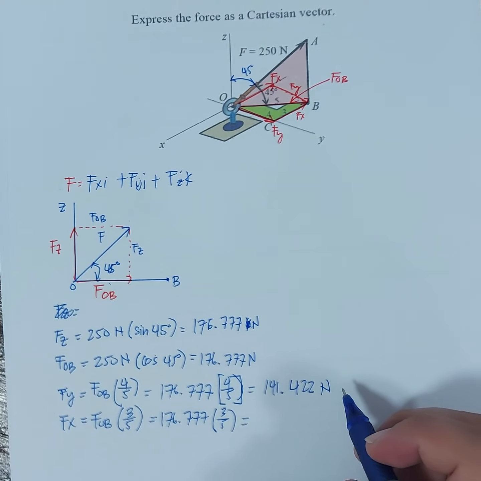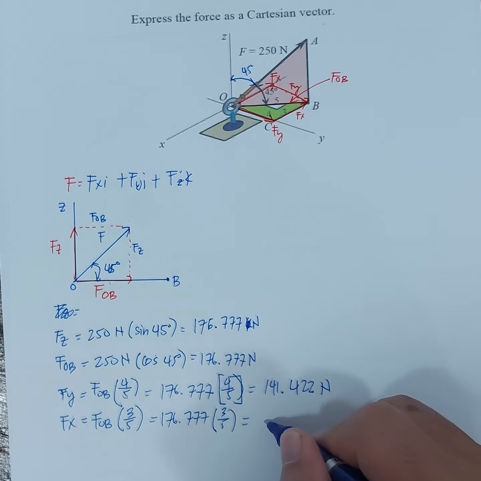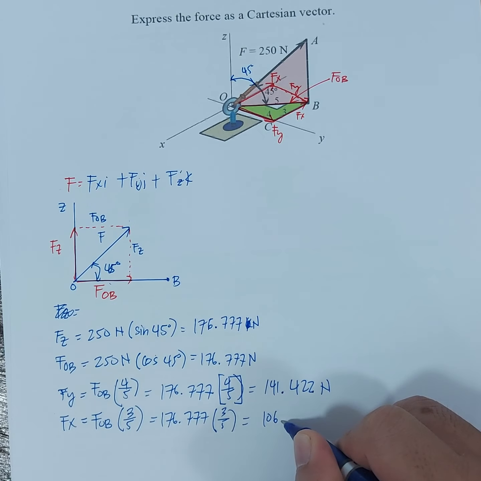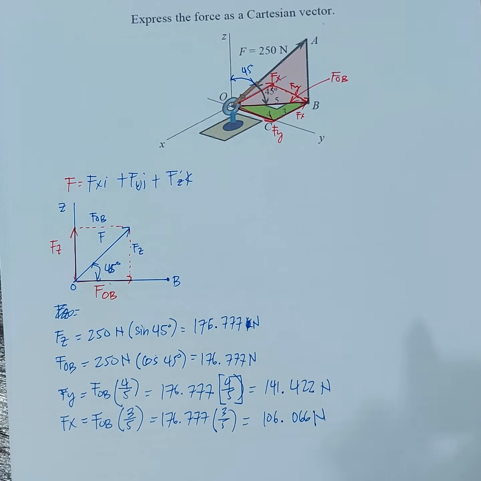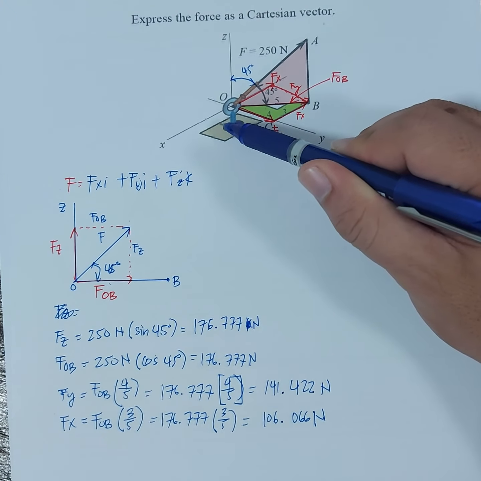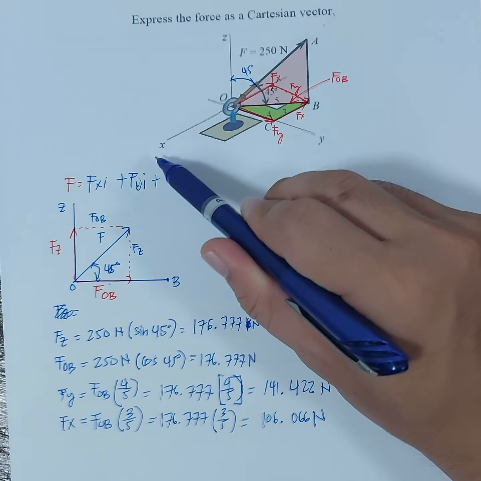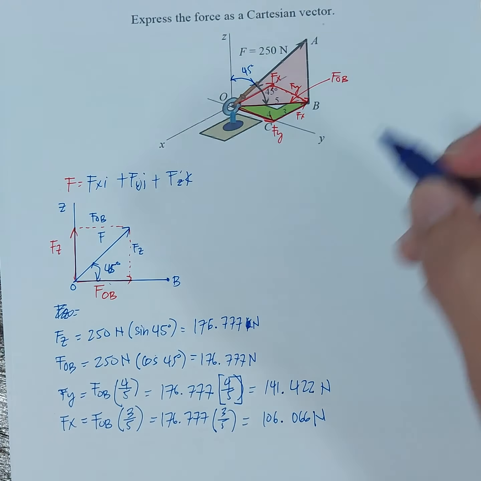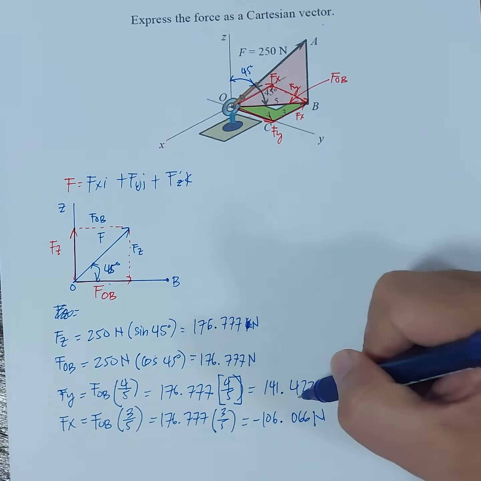That is 106.066 newtons. So, remember, again, Fx is directed parang sa likod siya. Ito yung positive x, so negative ito. Okay? So that's it. So meron tayong Fz, Fy, and Fx.